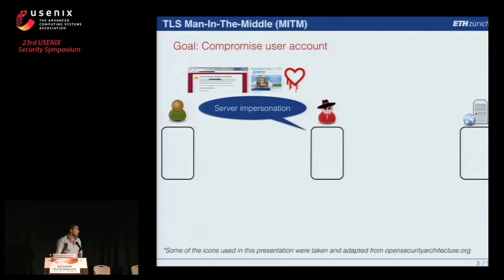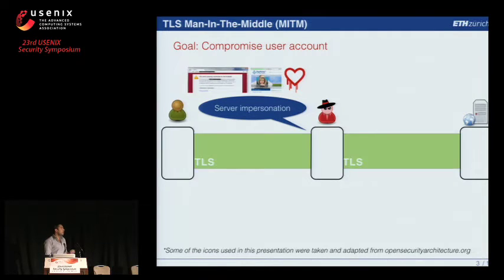So assume that we have such an attacker that can somehow impersonate the legitimate server to the user. Now the attacker, if he is suitably positioned on the network, can mount a so-called TLS Man-In-The-Middle attack, where while the browser tries to communicate with the server, the attacker intercepts the connection successfully.